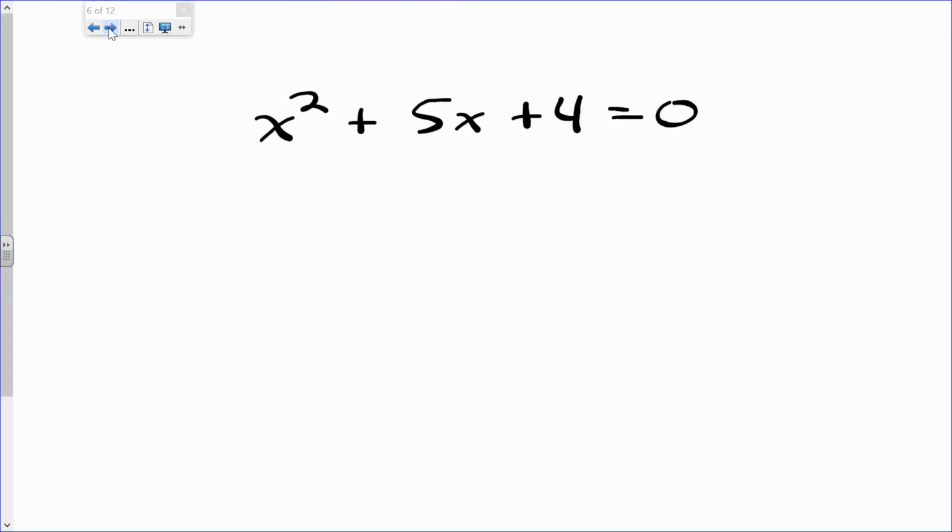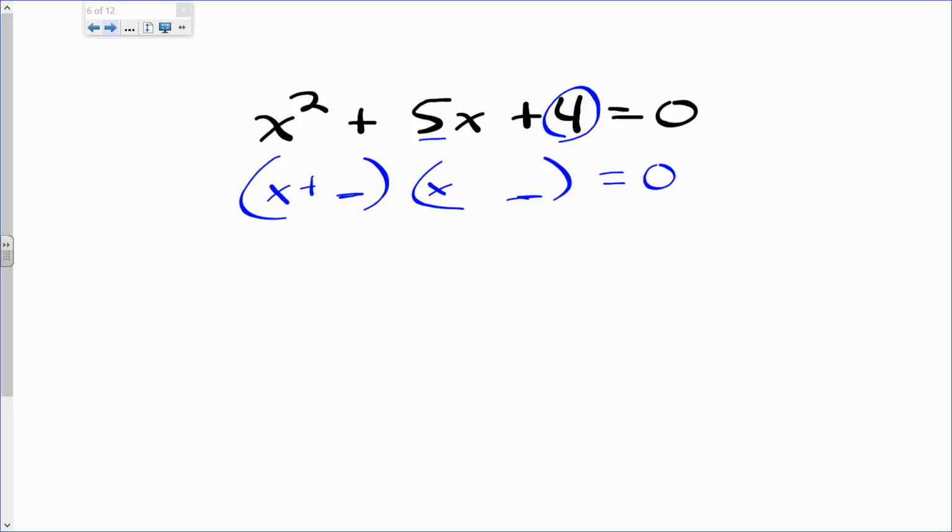The last example is a trinomial. Here, I'm going to go ahead and factor this trinomial into 2 binomials. That is the factoring trinomials technique. So I need x and x here. I need 2 numbers that multiply to become positive 4, but add up to be 5, and that's going to be positive 4 and positive 1.